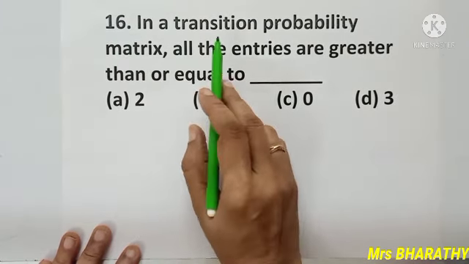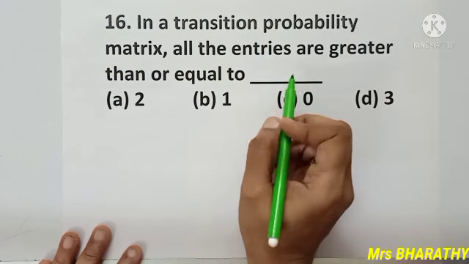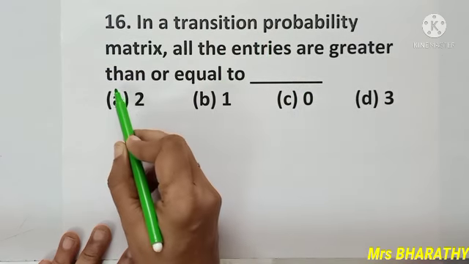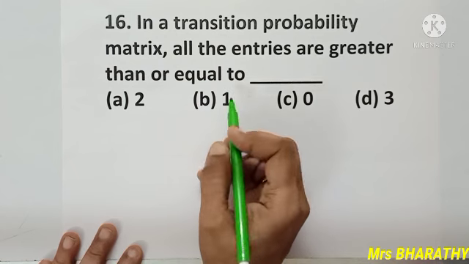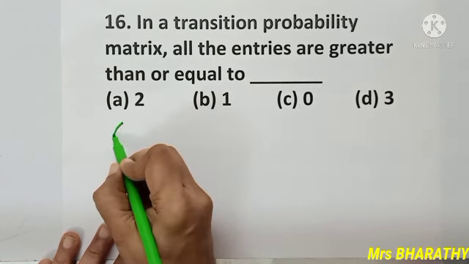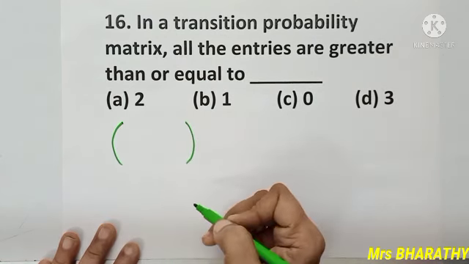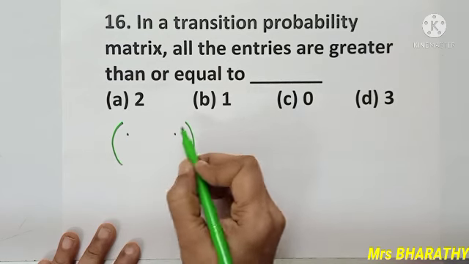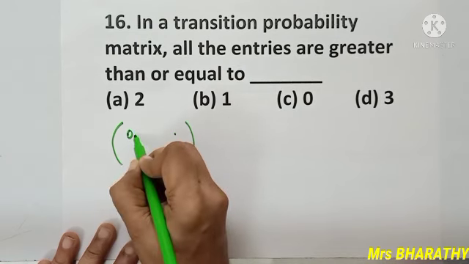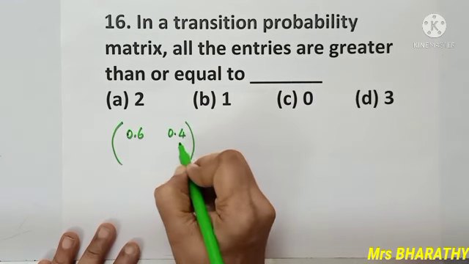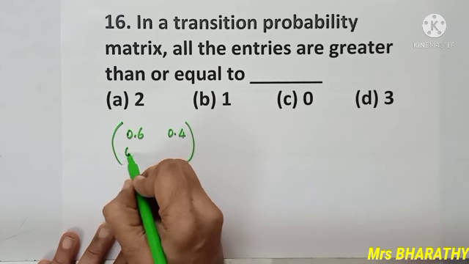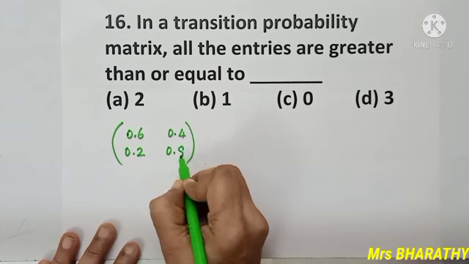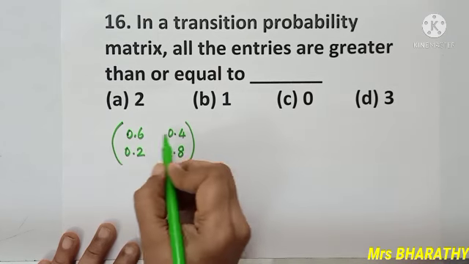Question number 16. In a transition probability matrix, all the entries are greater than or equal to what? We know in a transition probability matrix, this number and this number, as I add, must give me 1. So for example, 0.6 tells me 0.4 must come. 0.2 tells me 0.8 must come.